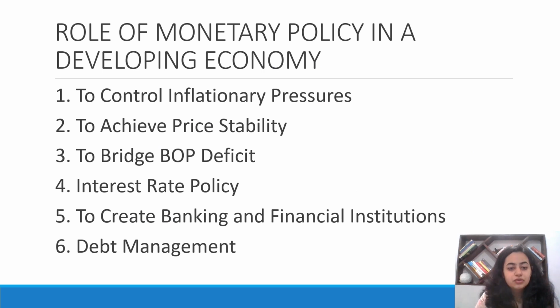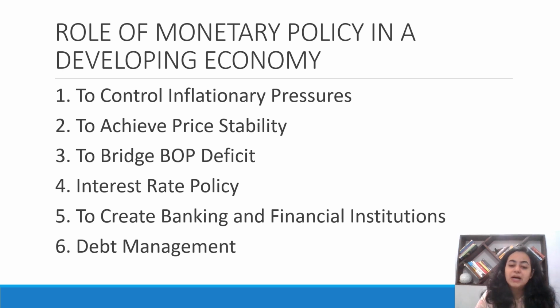The role of the monetary policy is a very important one in a developing economy. We have just seen that the monetary policy can help us overcome a recession and even an extreme inflation situation. So the first point is that the monetary policy can be used to control the inflationary pressures in the economy.